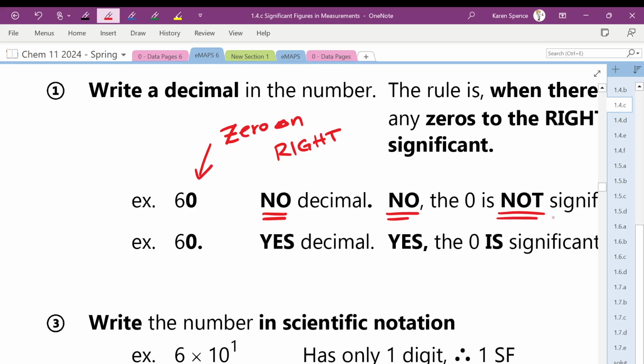So look, no decimal, not significant. So who is our uncertain digit in that 60?